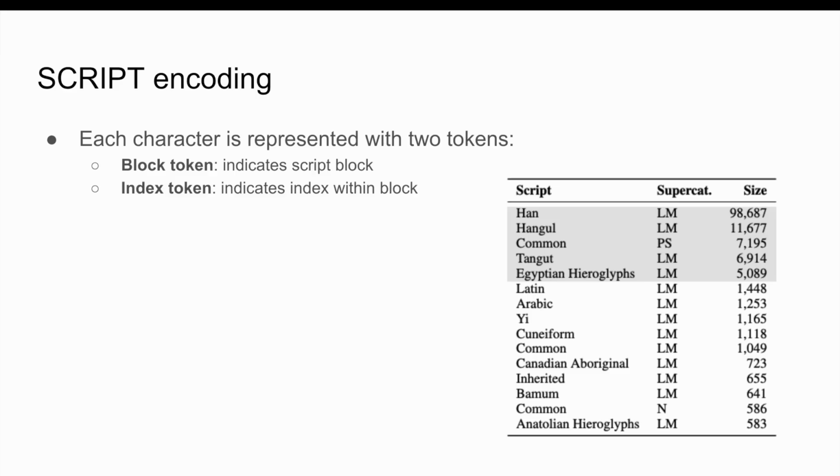And these are the different blocks. Most of the blocks have around 1,000 items or less. Then we have quite large groups, like the Chinese character group Han at the top, which has almost 100,000 characters, so we have multiple blocks for those larger script groups.